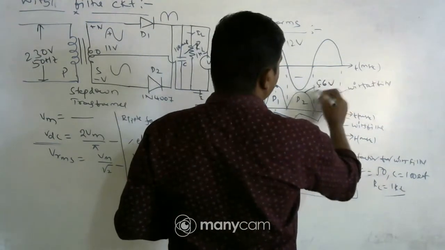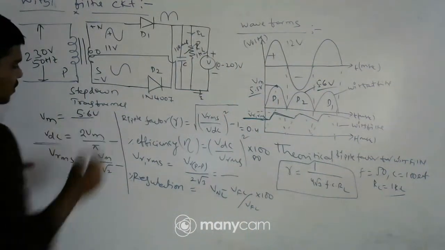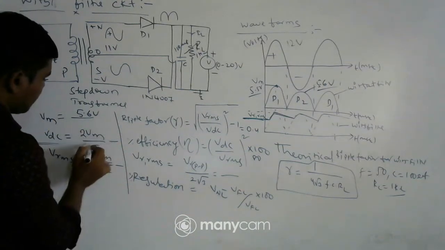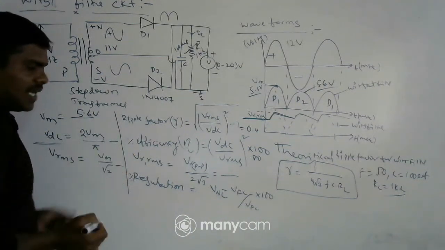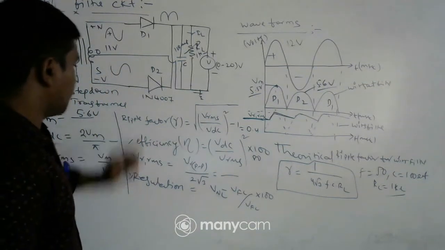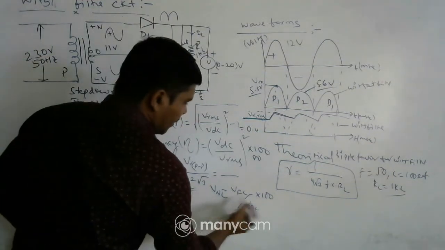So consider 5.6, so your Vm is 5.6 volts. Substitute this here and you will get these values, and you will get the efficiency and ripple factor, and no load, full load.